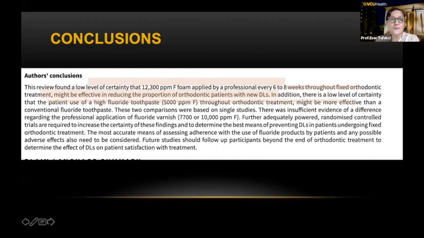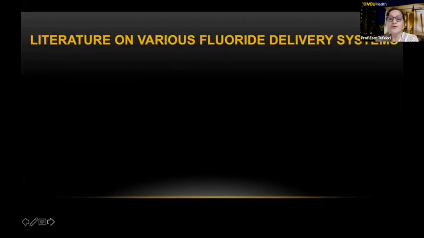So this is what we have based on systematic reviews up till 2019.